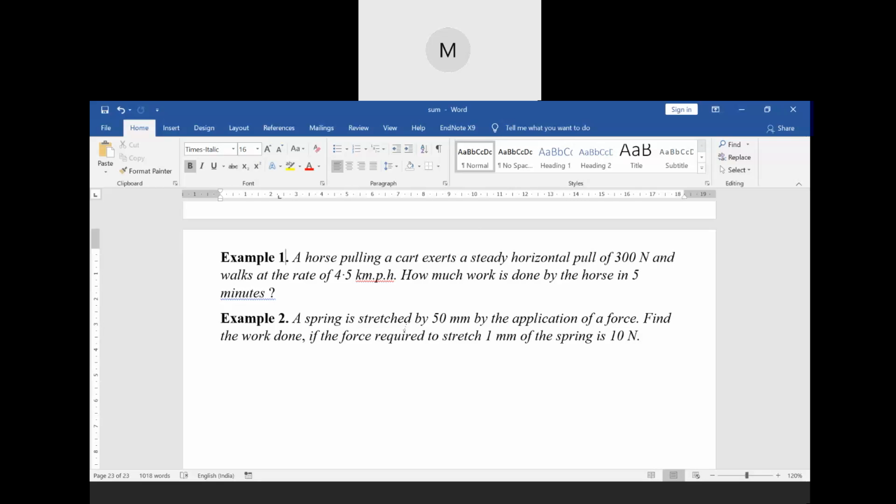Then you will be able to get the distance. Speed equals distance by time, so distance equals speed into time. You have the speed in kilometer per hour and time in minutes. So you have to convert to meter per minute, and then you will get the distance in meters. Understood? Okay, try it out.